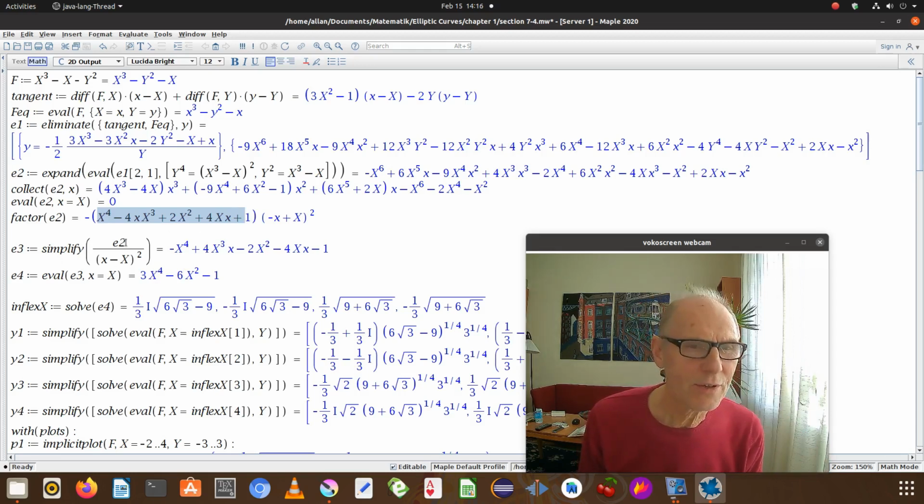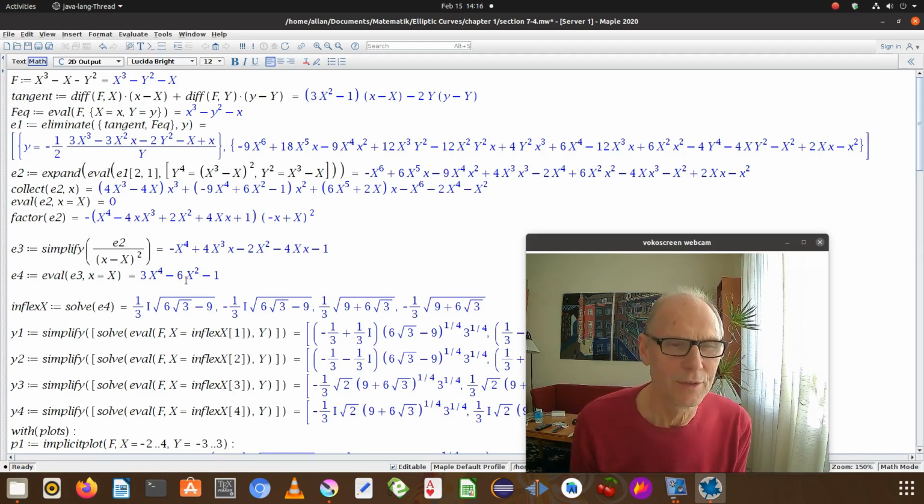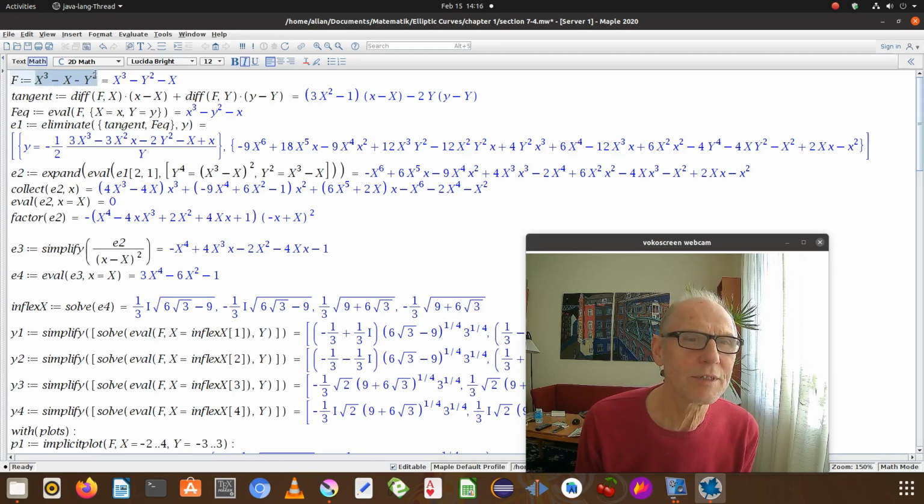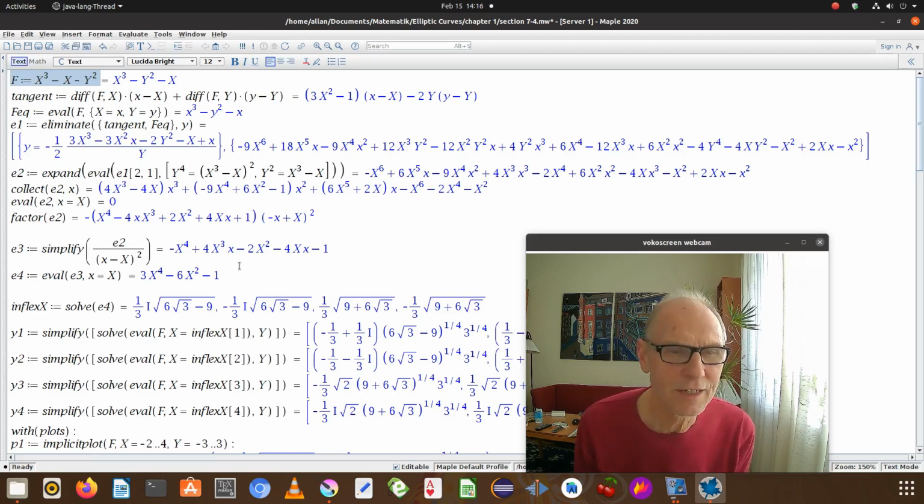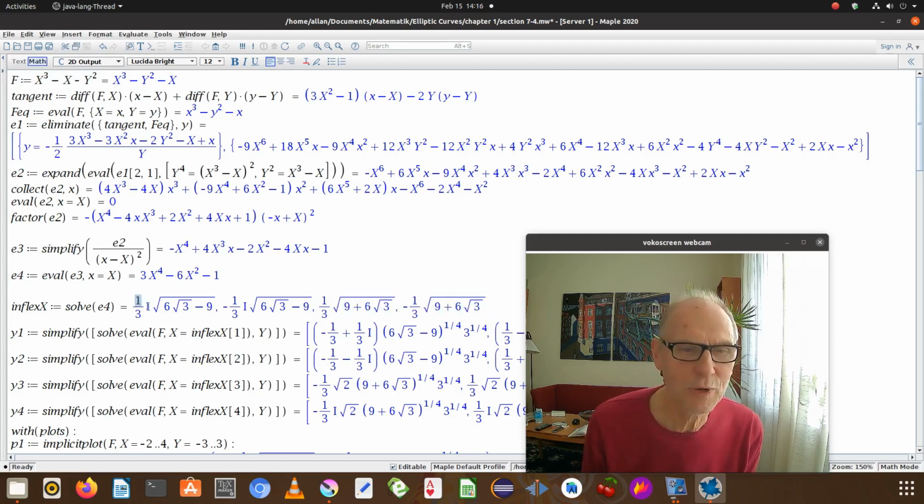So we just set x to capital X, and then we get a 4th order equation which is easily solved, the discriminant being something like 27. And so there are 4 solutions, and with this simple polynomial x to the 3rd minus x, 2 are real and 2 are imaginary.